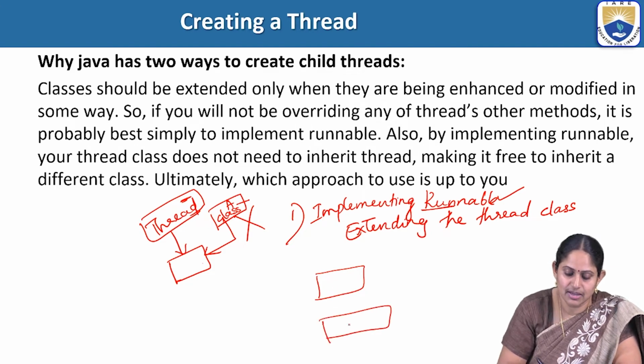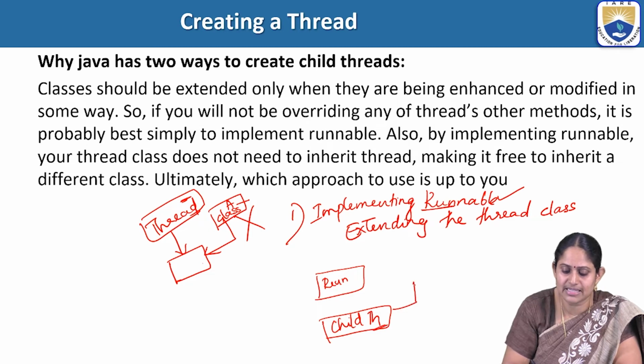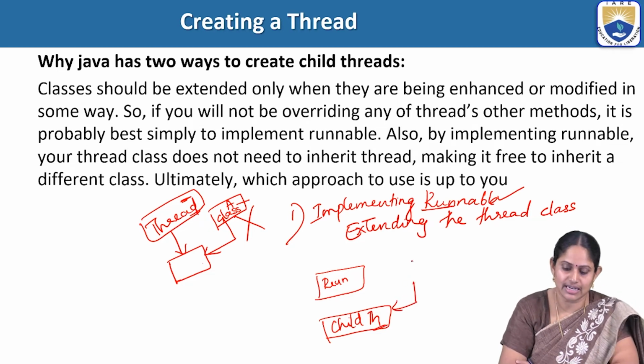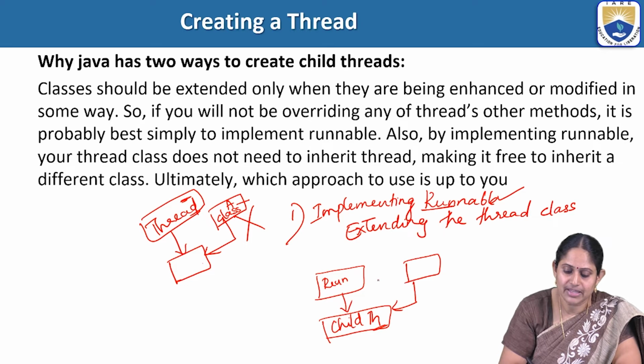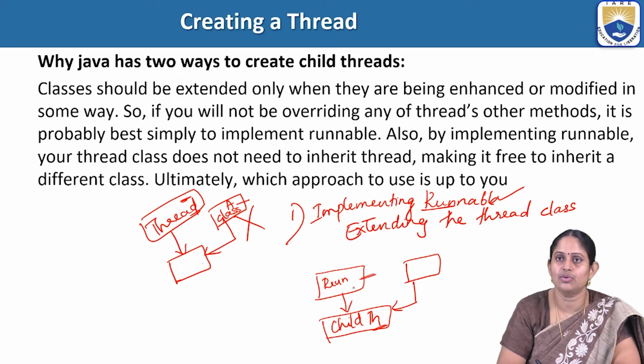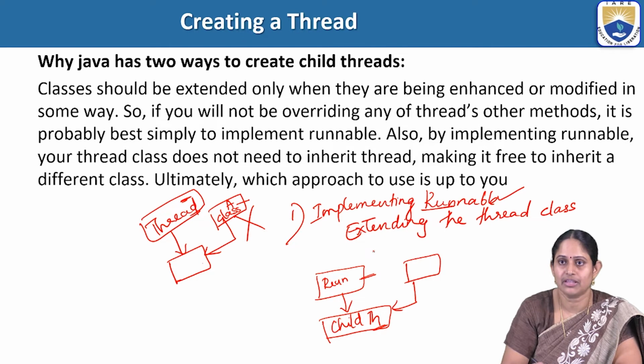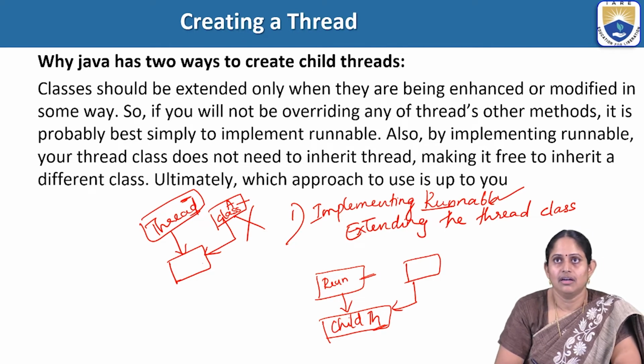We have our child thread class, and this is the Runnable interface. If this child thread class wants to inherit another class, this is allowed because we have made use of the Runnable interface. When we are implementing interfaces, it doesn't stop us from inheriting any other class.